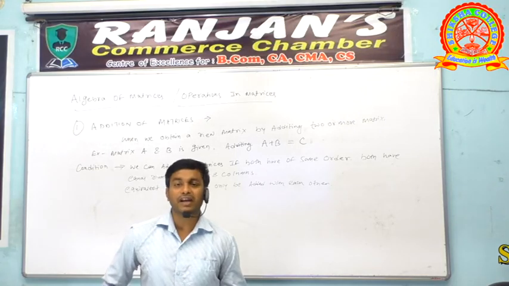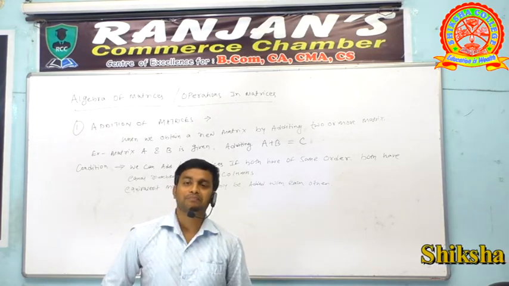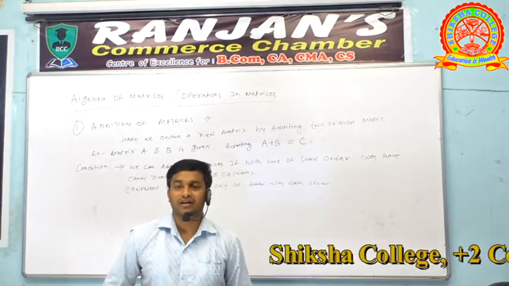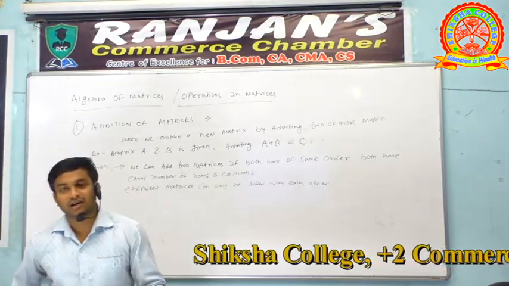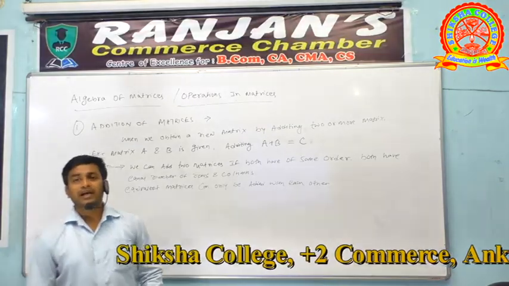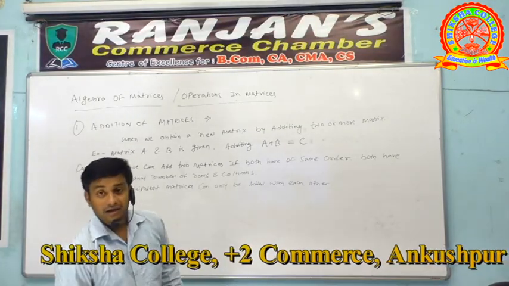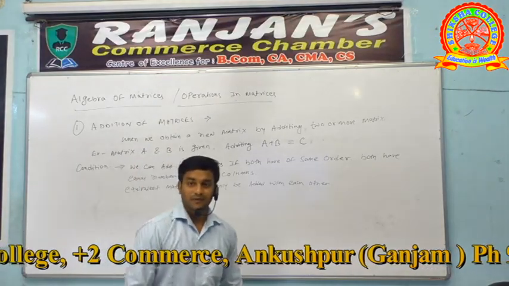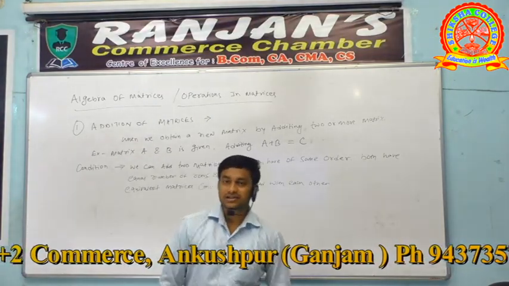What is equivalent? When both the matrices are of same order. If both are of same order, that is an equivalent matrix, and we can add only an equivalent matrix with each other. Clear, students?